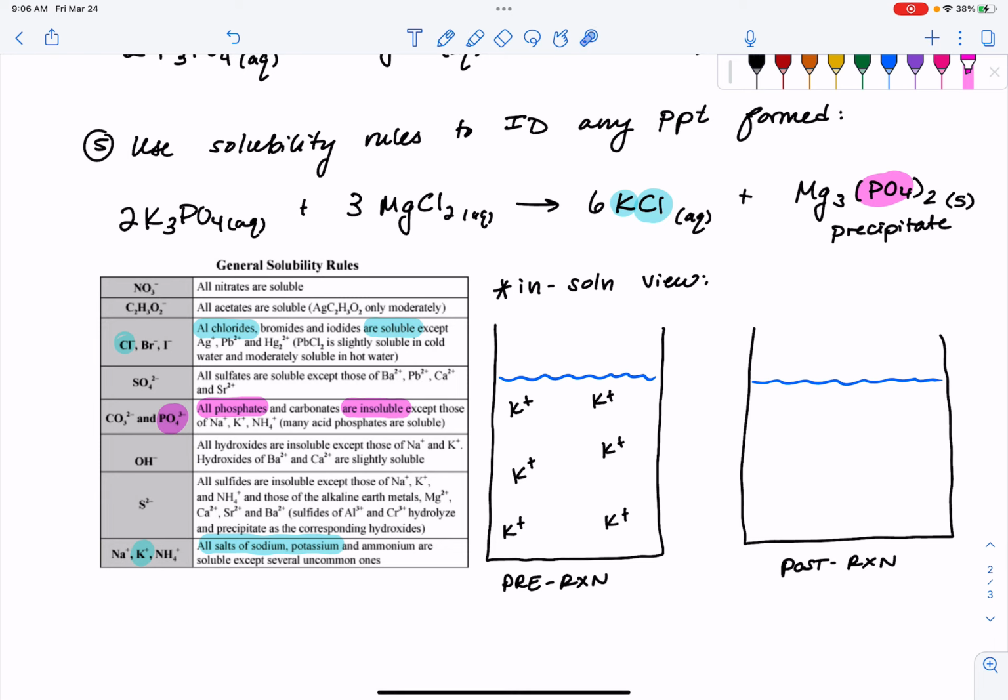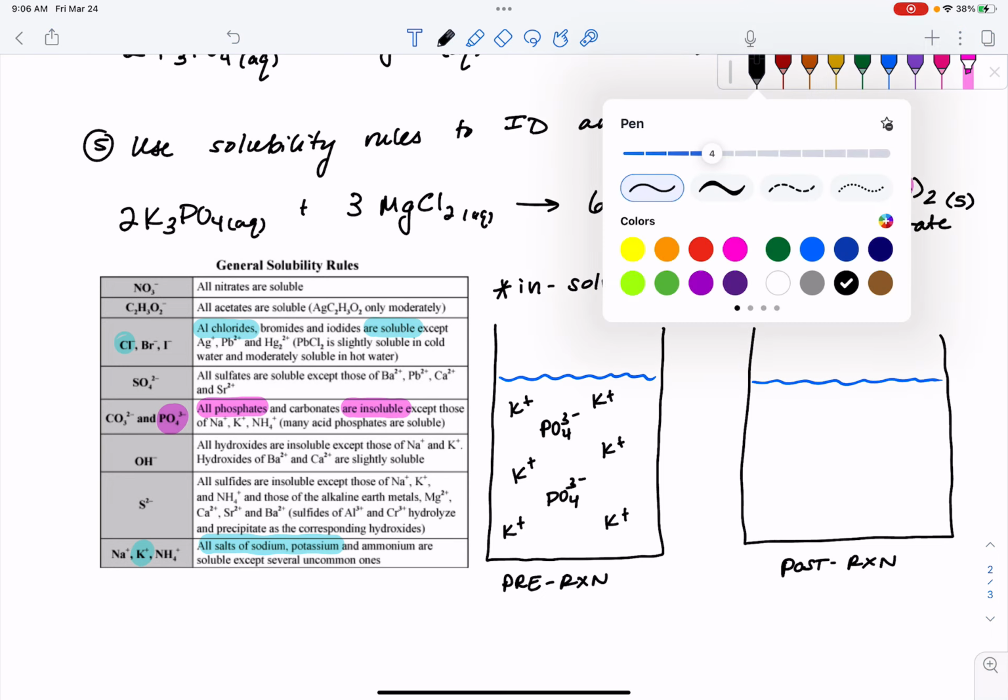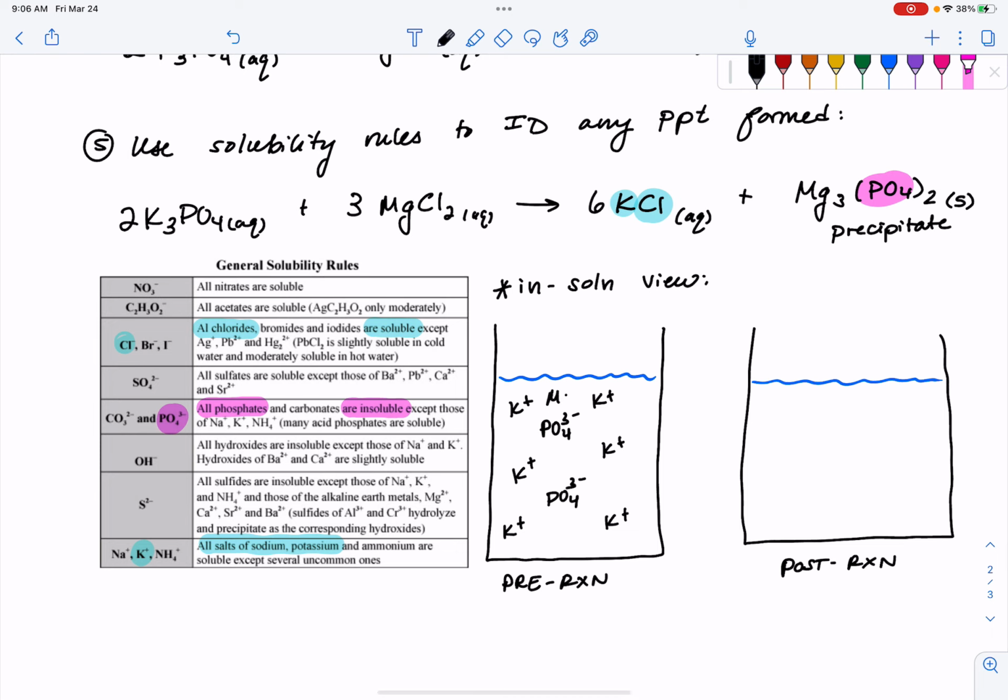And then I create 2 phosphate ions. And then if I have 3 magnesium chlorides in solution, I'm going to look at three magnesium cations being put into solution, and then 3 times 2, which is 6 chloride ions.